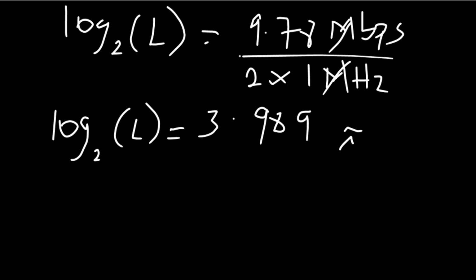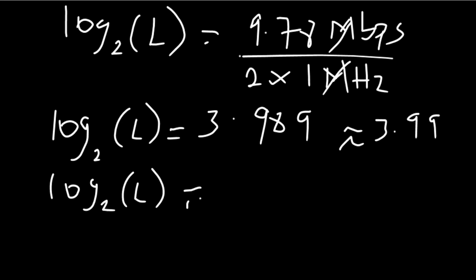We have log to the base 2 and we want to make L the subject. So this means that we need to find the anti-log of both sides, or the anti-logarithm. Probably you are not familiar with the anti-log.